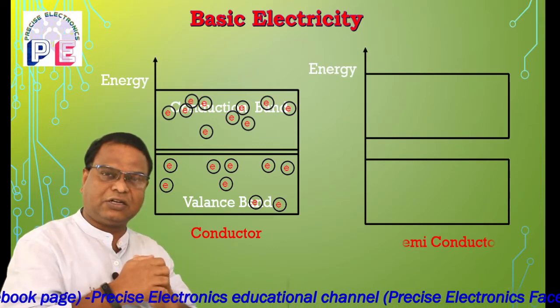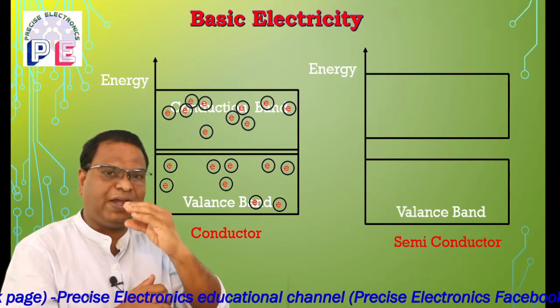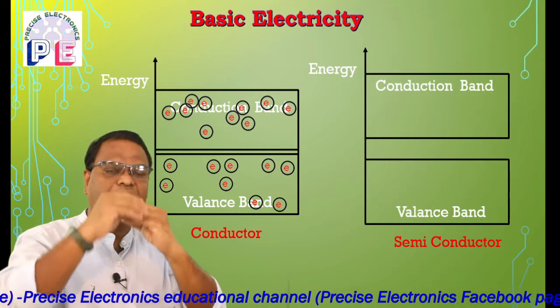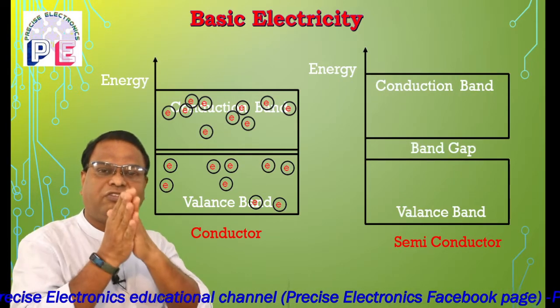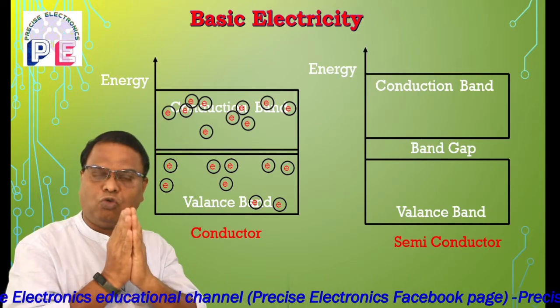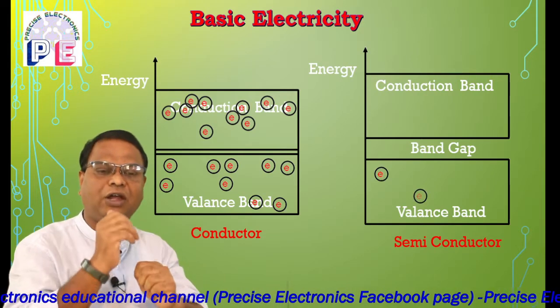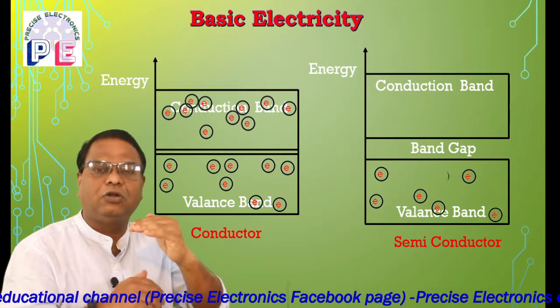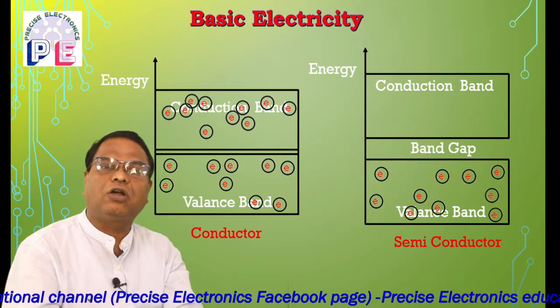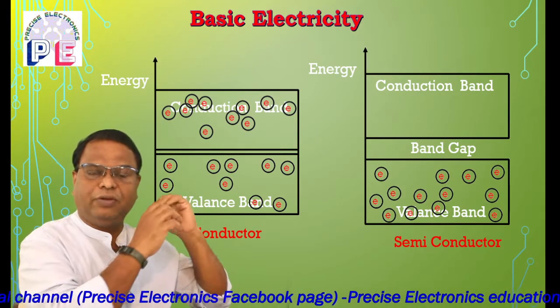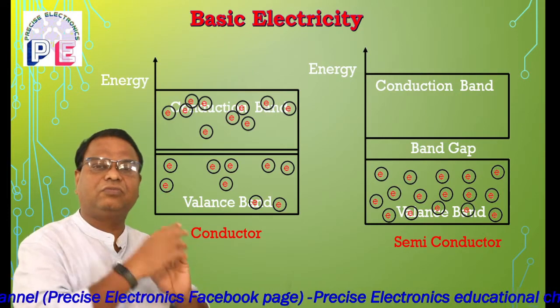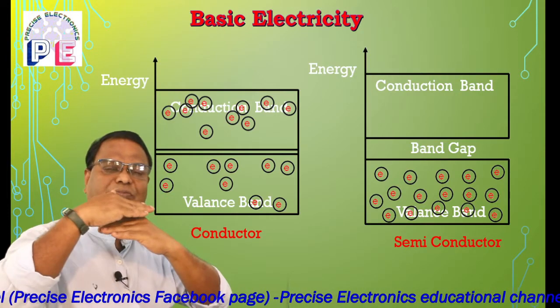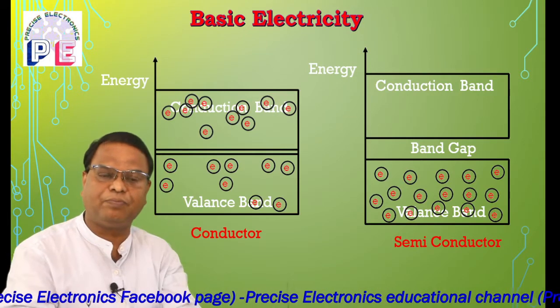In semiconductor, there is a valence band and a conduction band, and there is a band gap, and actually this band gap is very low. So very small energy is required for the valence electron to cross that band gap and reach the conduction band. So in semiconductors, the conduction band and valence band are separated by a band gap.